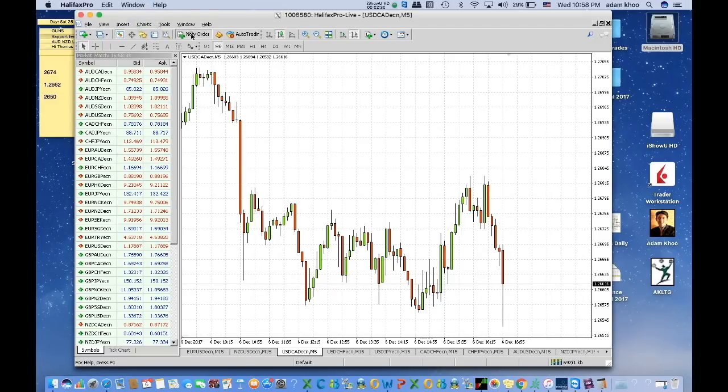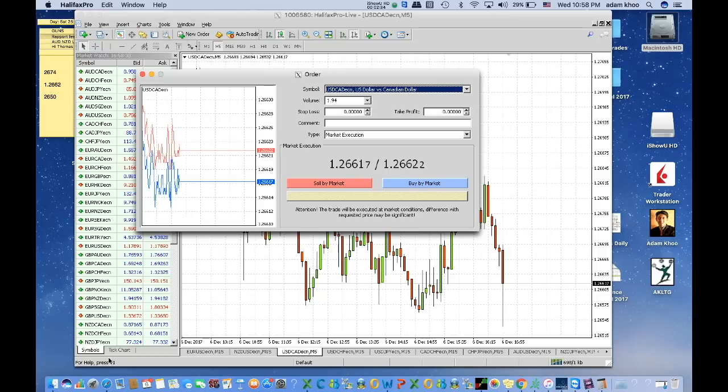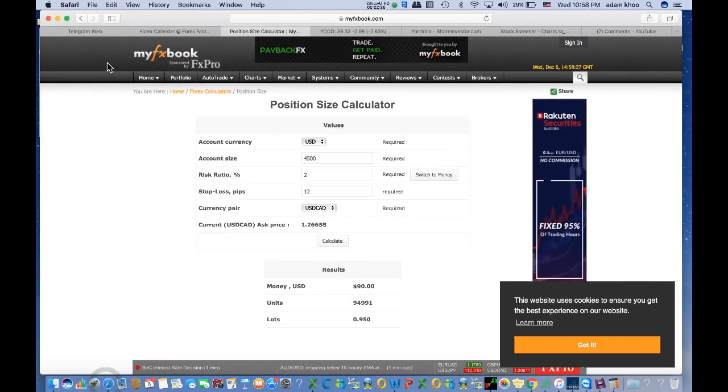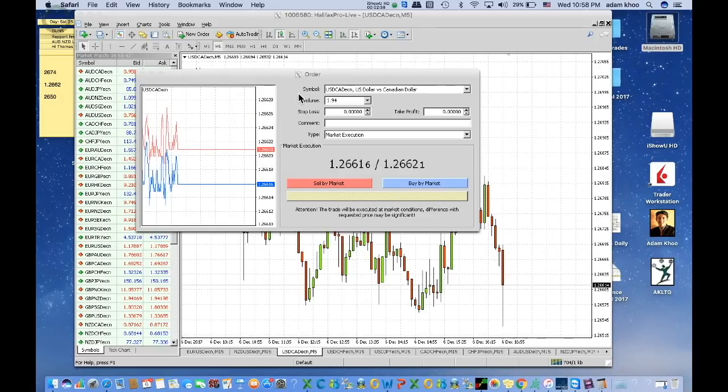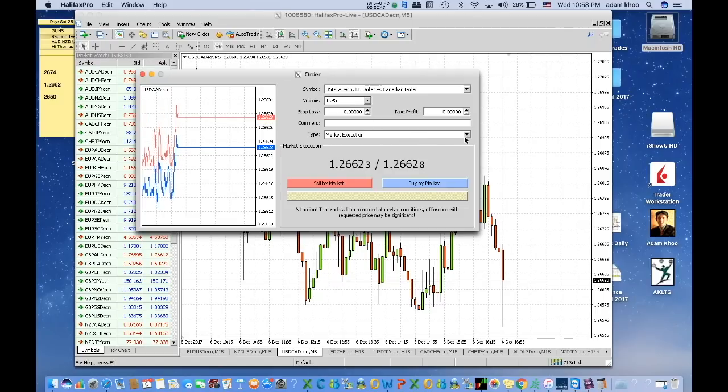So I'm going to click new order. And again, what were the lots that we're trading? 0.95 lots. So I'm going to put here 0.95 lots to be traded. Okay, so first I'm going to put in my buy order.